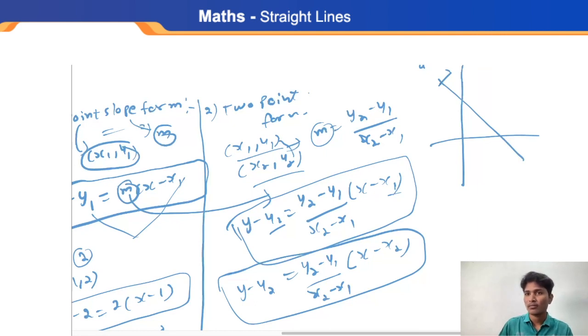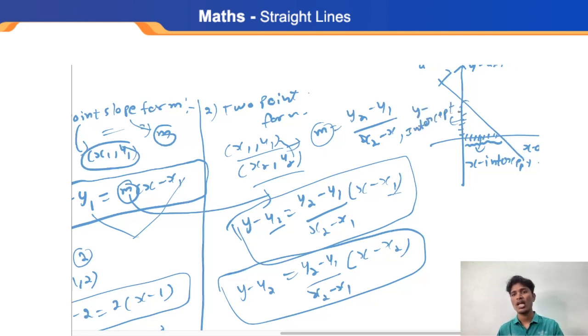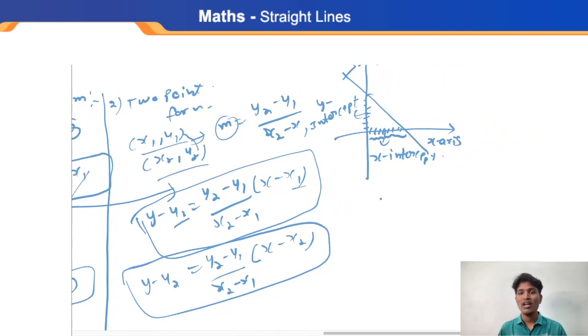When the straight line is intersecting the x-axis, this is x-axis and this is y-axis, you already know how much it is cutting the x-axis. How much this length is, is called x-intercept. And how much it is cutting the y-axis is called y-intercept. Yes, x-intercept and y-intercept.